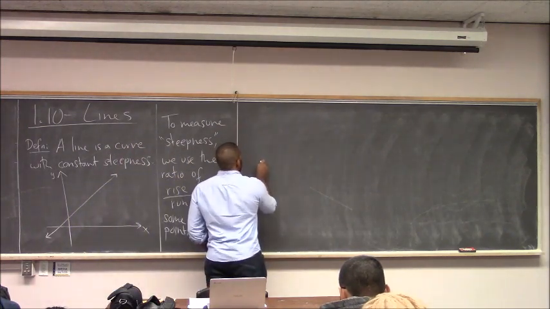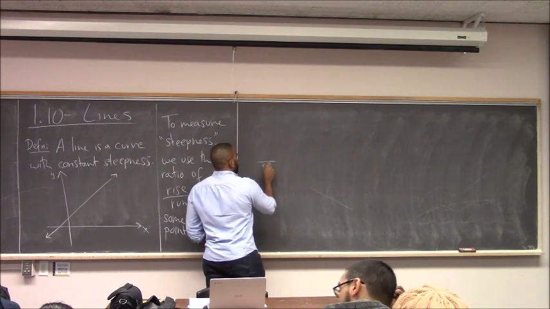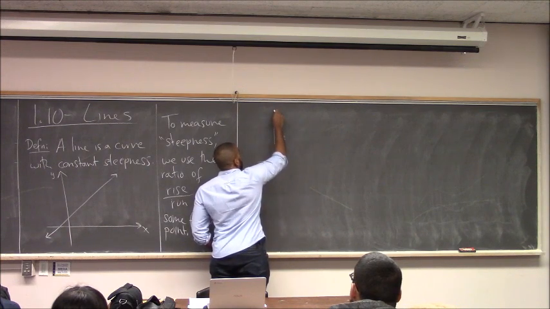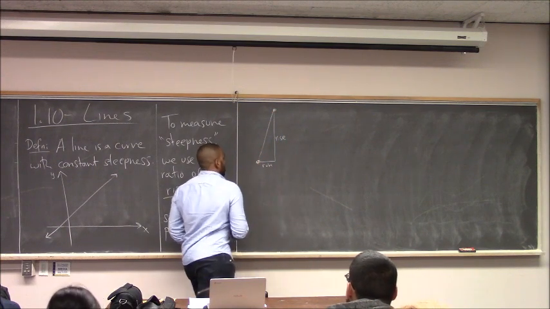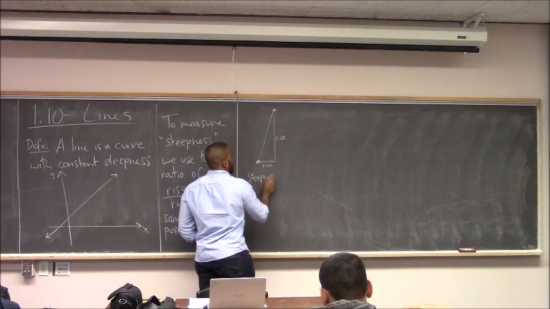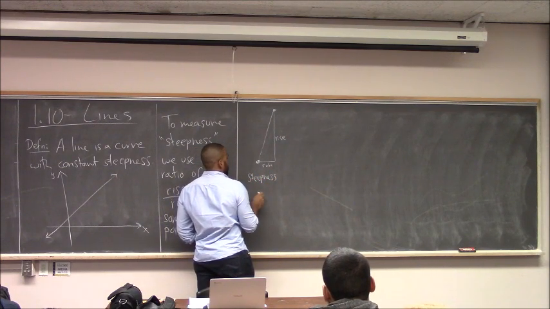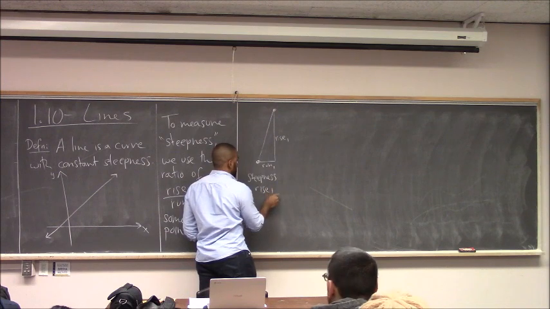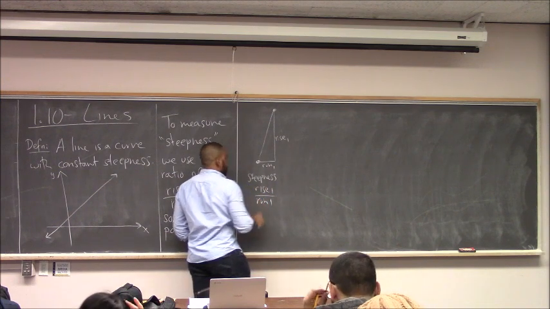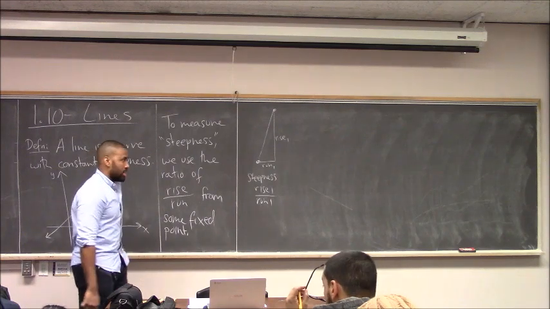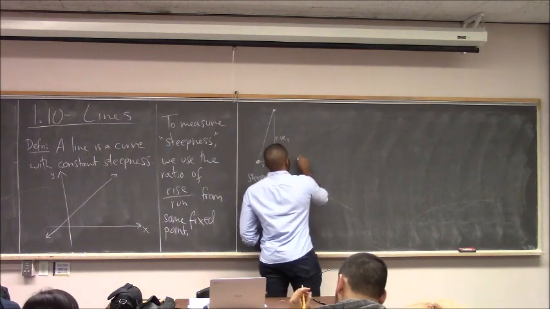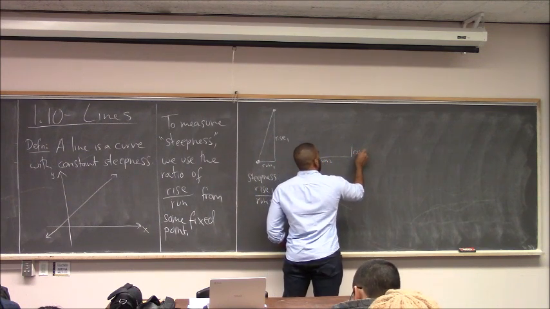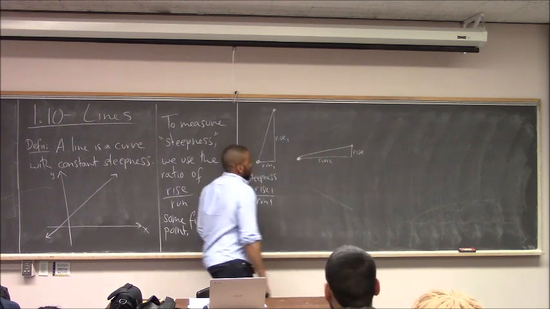If you have, for example, the run as the horizontal distance covered, the rise would be the vertical distance covered. We can measure the steepness of this guy by the ratio of this, let's say rise 1, run 1. It's just some numerical measurement of how steep something is, and really it's relational. From some fixed point, you can have a long run and a small rise, and you would end up with something like that.